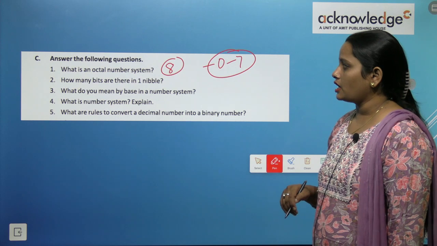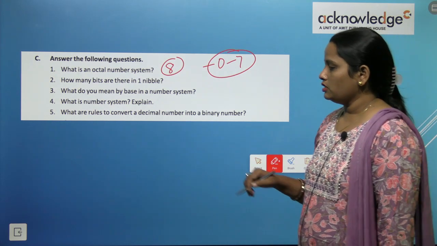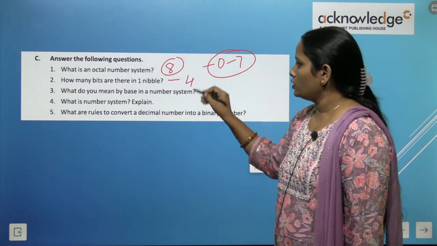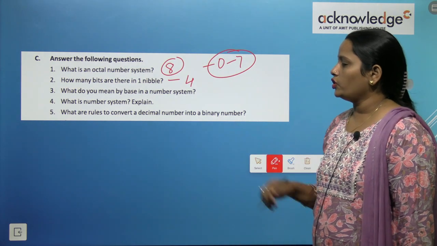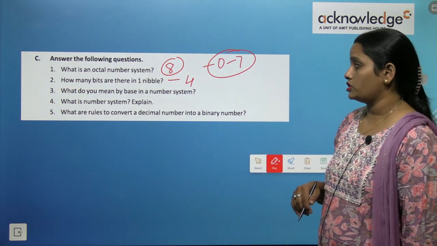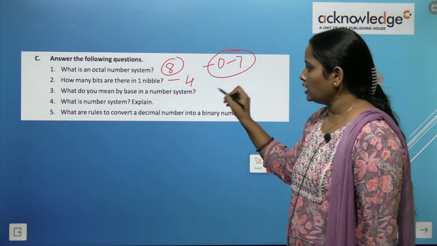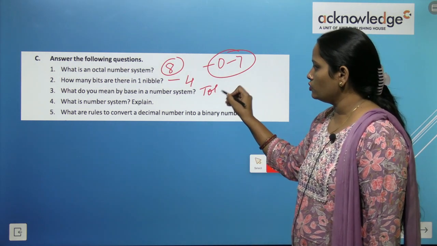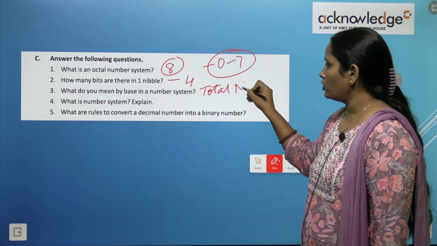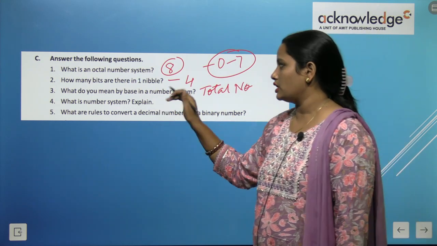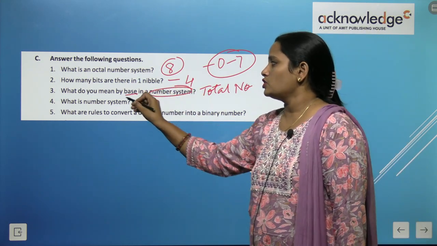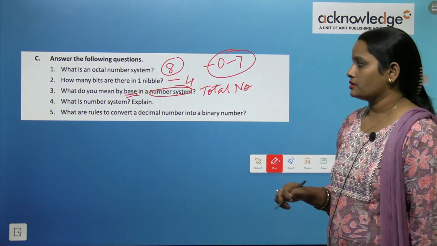Next, how many bits are there in one nibble? So in one nibble there are 4 bits. What do you mean by the base in a number system? So in the number system, the total number of digits that we use in a number system is known as the base.